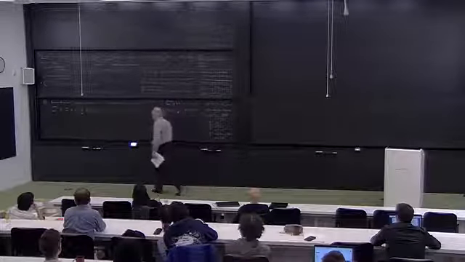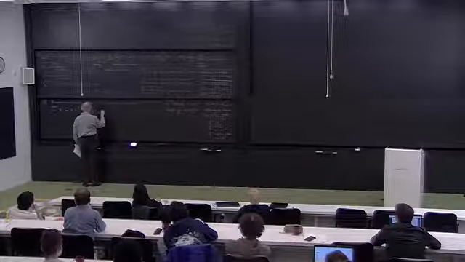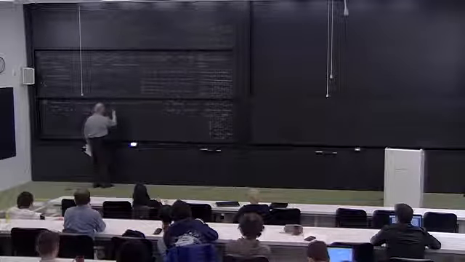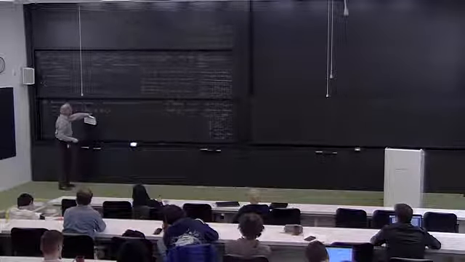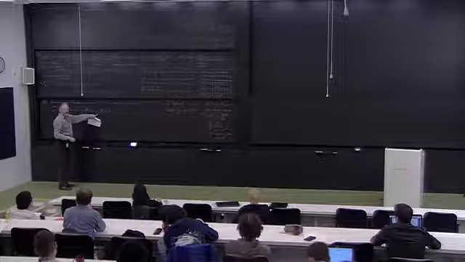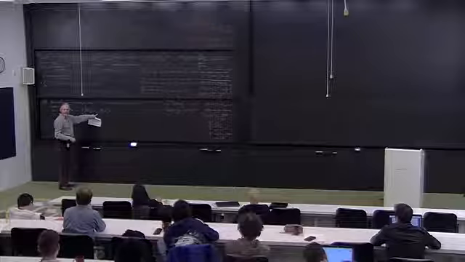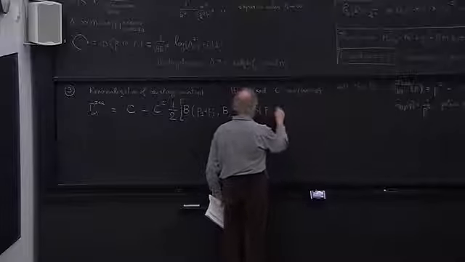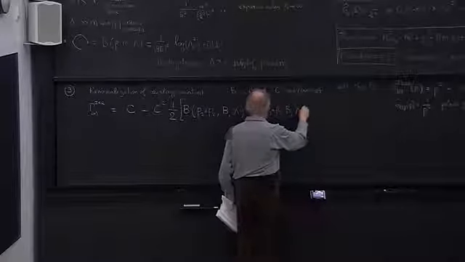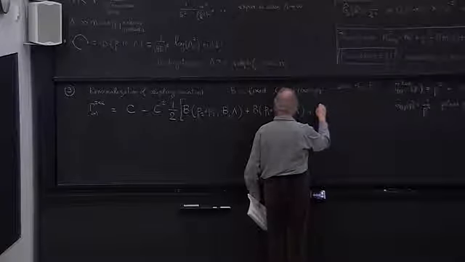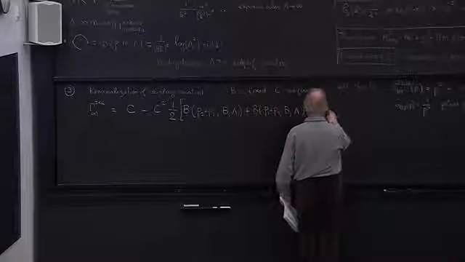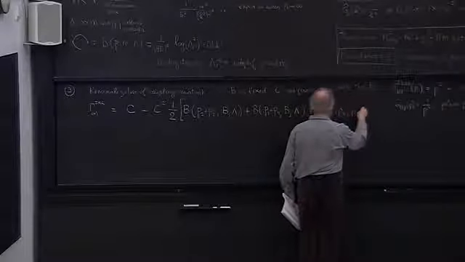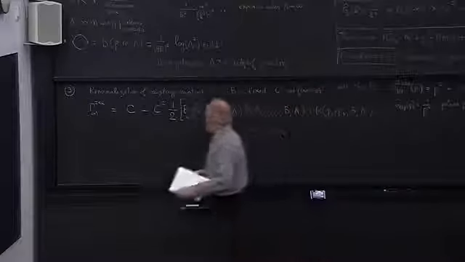The mass is B, and I have a cutoff lambda, plus the 3 other contributions obtained by replacing P1 plus P2 by P1 plus P3. Okay? So let me write this B of P1 plus P3, B and lambda, plus B of P1 plus P4, B and lambda.